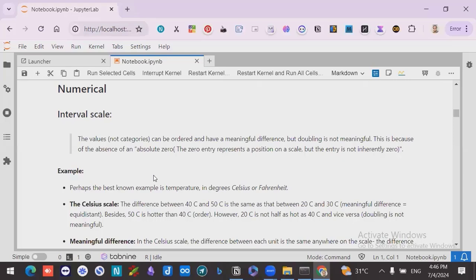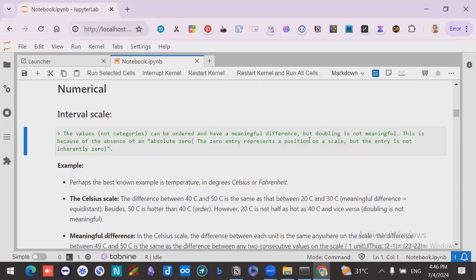Interval scale is there. So these are values but not categories. They can be ordered and have a meaningful difference. But doubling is not possible. So doubling is not possible. This is important, you have to understand.